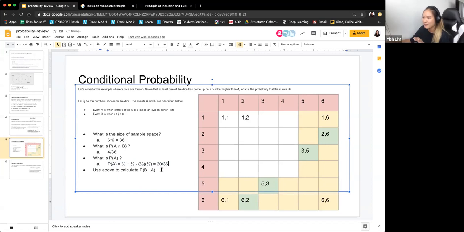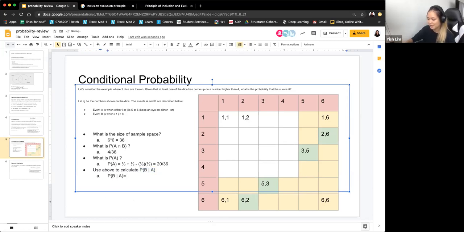Now it says use the above to calculate the probability of B given A. I didn't really go into this much because conditional probability comes back in section 17, but the formula for the probability of B given A is as follows.